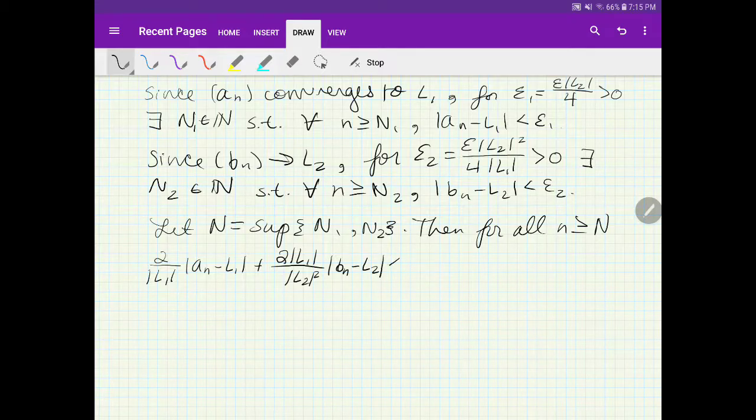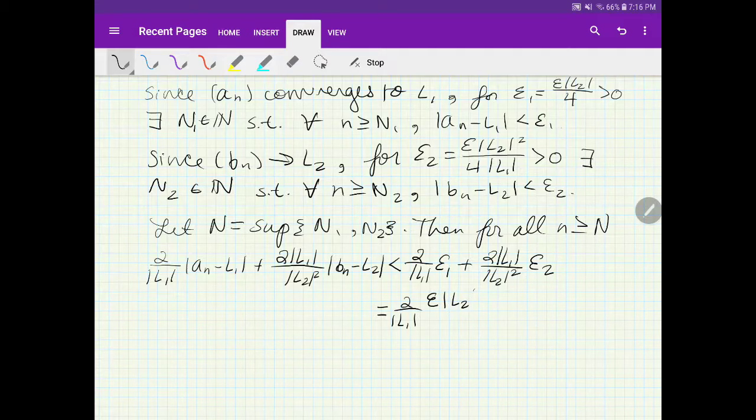And that's less than, here comes the substitution, 2 over the absolute value of L2 times epsilon 1 plus 2 times the absolute value of L1 over L2 squared times epsilon 2.